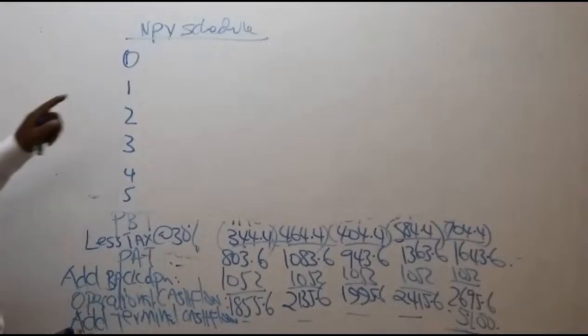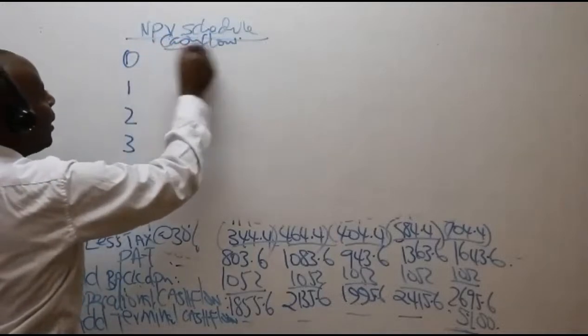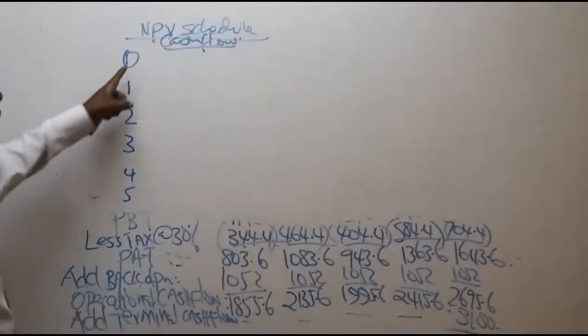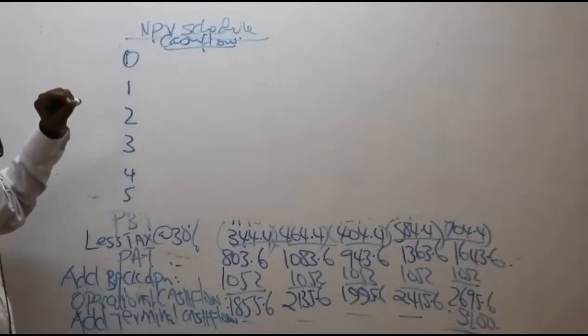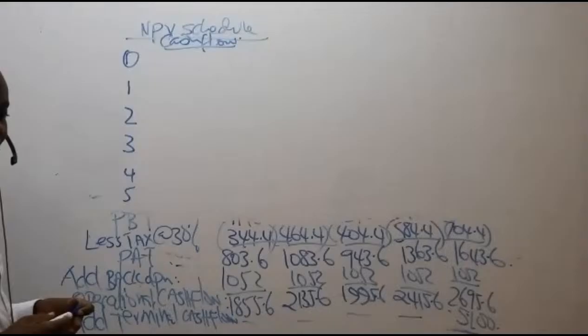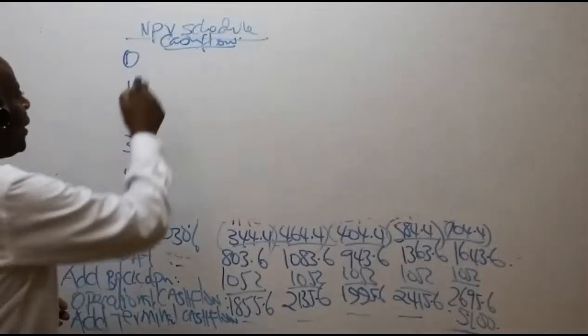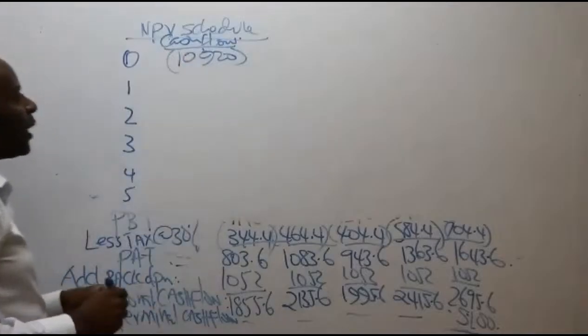At year 0, we have our initial outlay. Who is able to remember our 10,920? So the 10,920 is an outlay, and it has to be put in brackets like that.